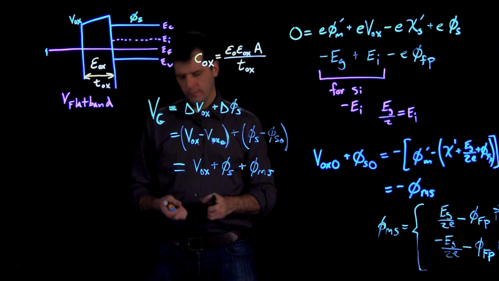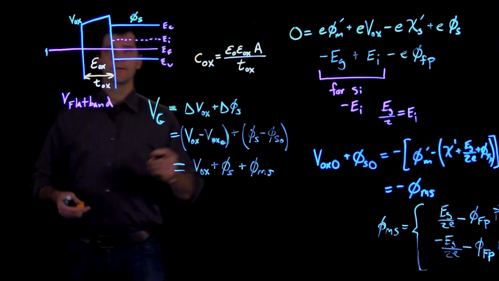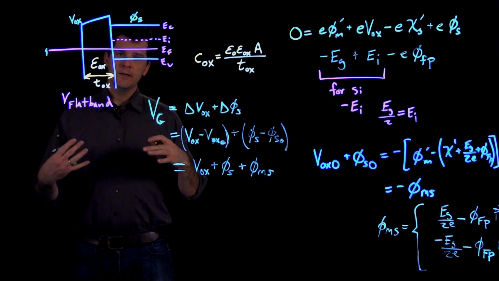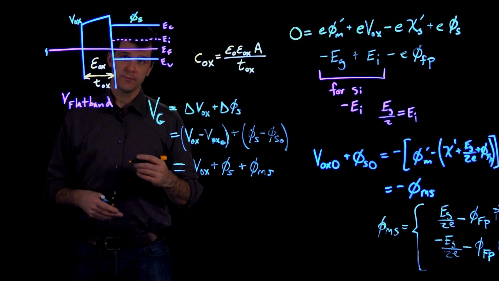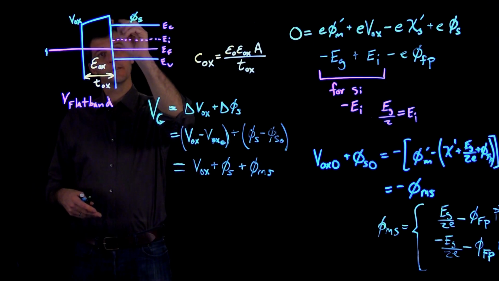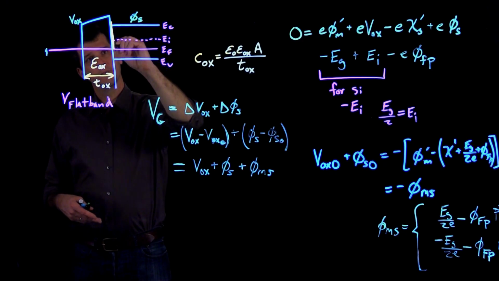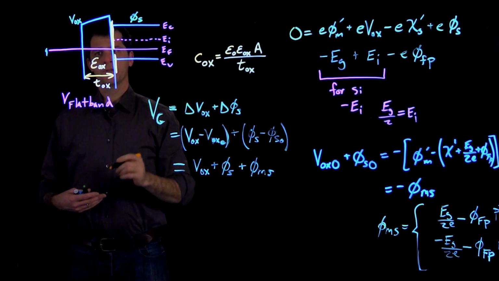Now the last piece is to look at how big this oxide voltage is. Now, for any applied voltage that differs from the flat band voltage, we're going to start accumulating some charge at this interface. That charge can either be due to electrons or due to holes, depending on which way the voltage is.